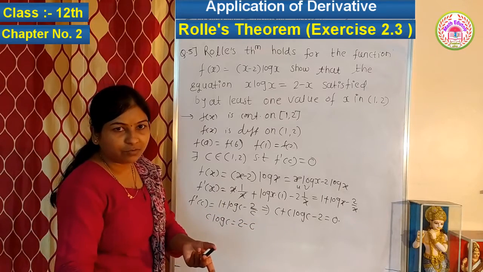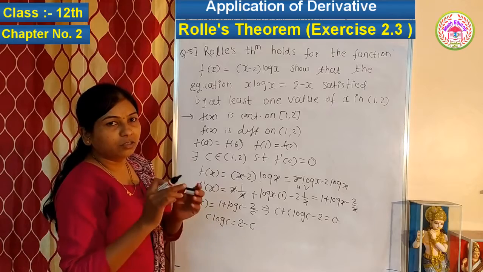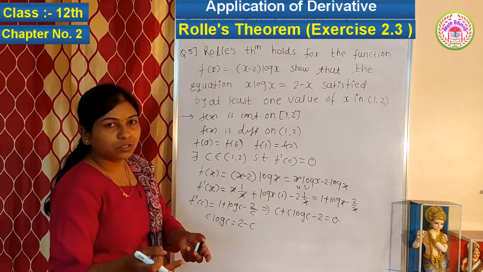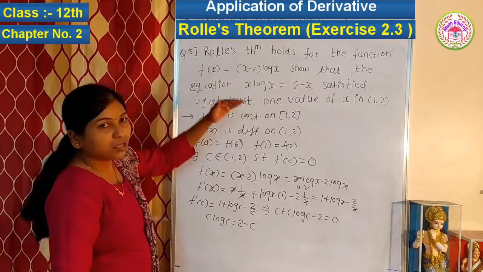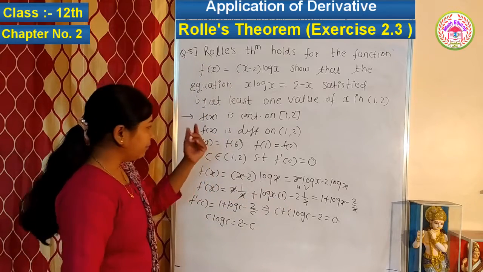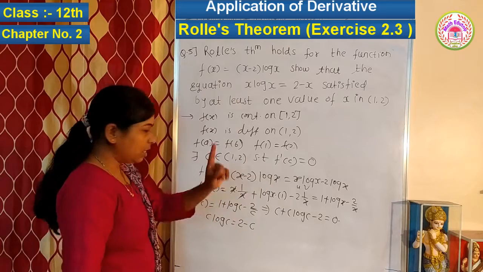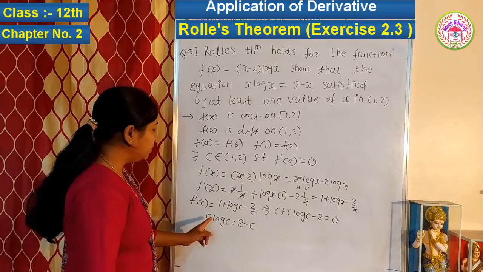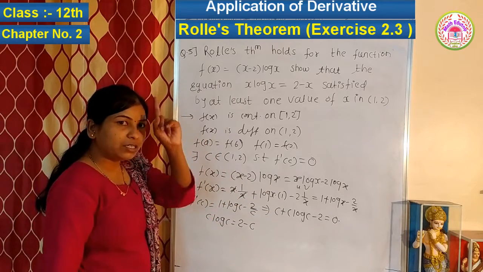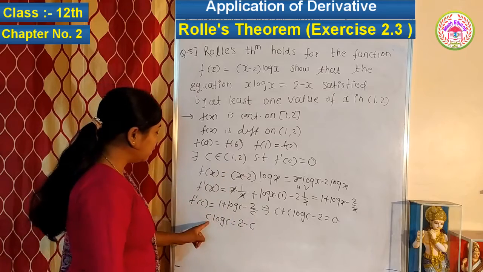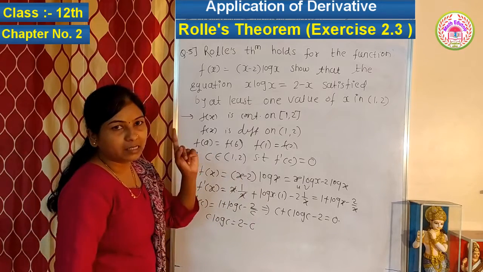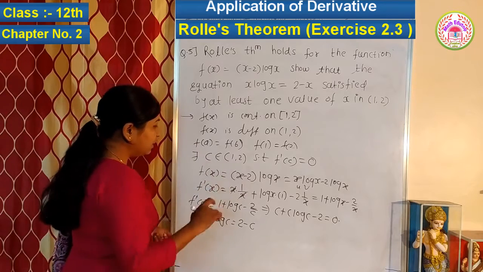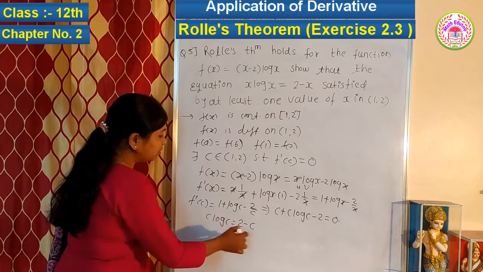As all the conditions of Rolle's theorem hold here, definitely there exists one c such that f dash of c is 0, meaning it satisfies this condition.